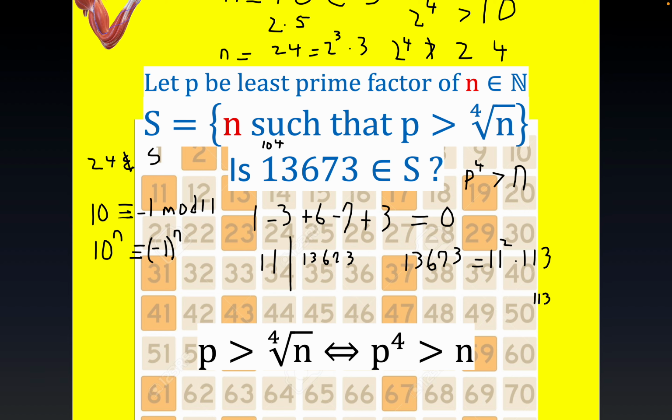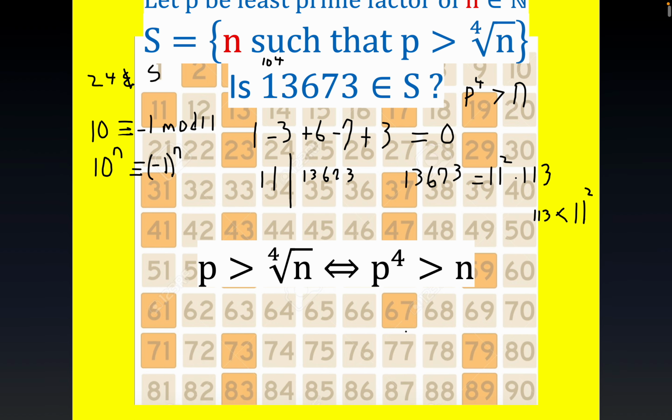Now notice that 113 is less than 11 squared, right? Okay, so if you just take a look at this piece right here, we'll write down 11 to the 4th. This is just what we were using upstairs a while ago. We have 11 to the 4th is greater than 11 squared times 113.